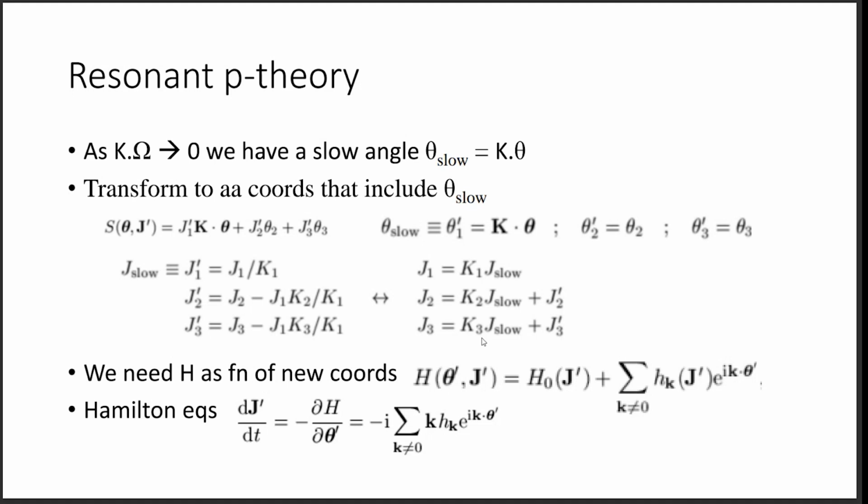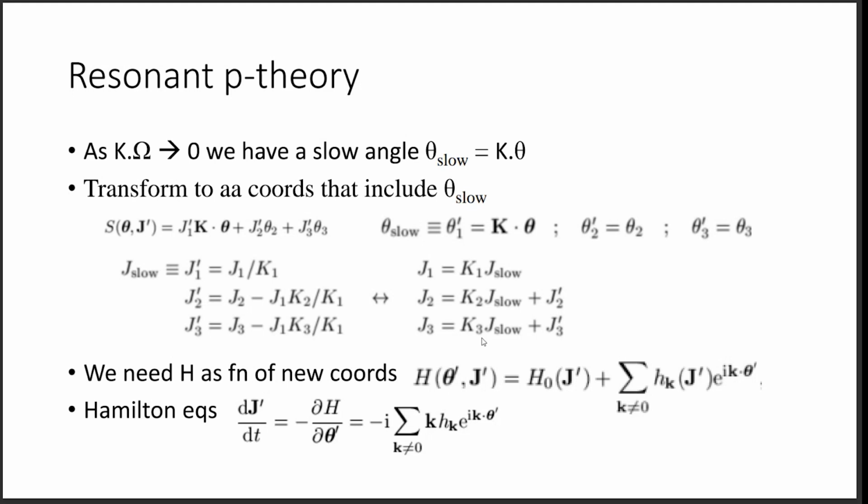I've chosen the first part of this generating function to be, so this is a function of my existing angle variables and my newfangled actions, my first term is going to be newfangled action J1 primed times K dot theta, which is my new slow angle. And then I'm just rather randomly writing down J2 primed theta 2, J3 primed theta 3.